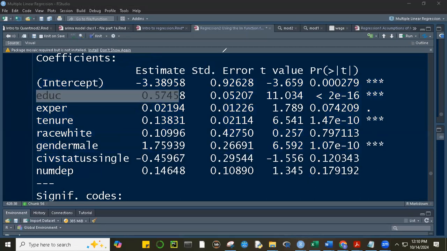Ibig sabihin nito, class, that for every 1 year increase in education, notice I said years. Bakit years? Kasi yung education natin, class, ang dimension yan in years. So when you read this variable, kailangan you have to know the dimension.